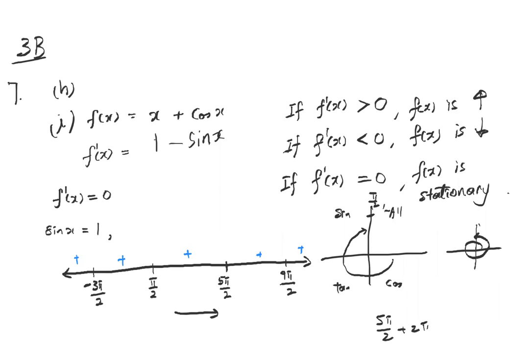I got a graph like this. Did you get a graph like this? So that means you will say always increasing. You go to zoom standard.